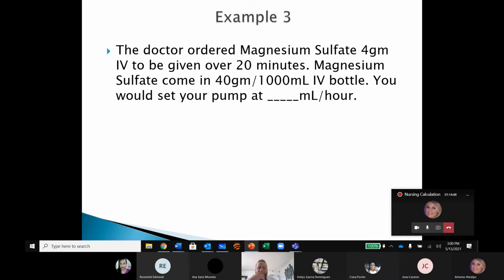And the sulfate comes 40 in 1,000. So it's 1,000.